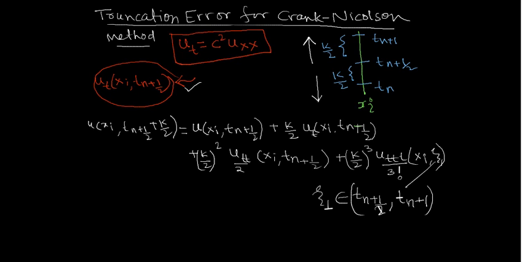Now we will do the same for u at x_i, T_n plus half minus k by 2.